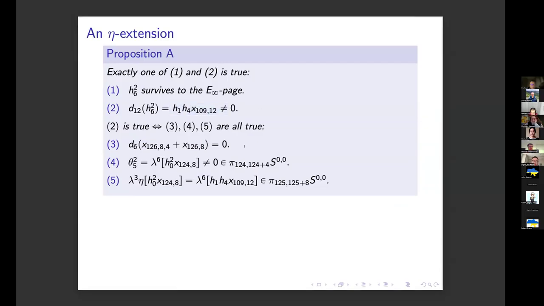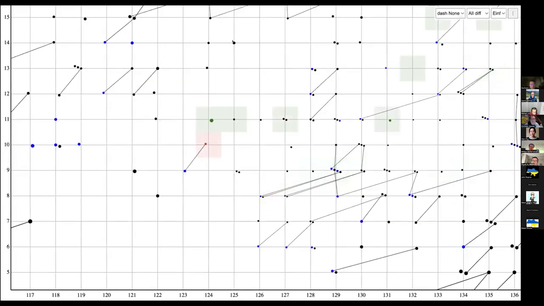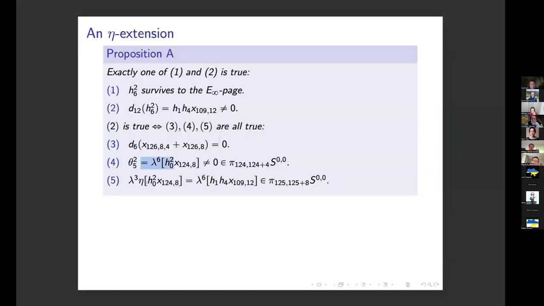So basically what I just showed you earlier is that the lowest filtration that could detect theta 5 squared in dimension 124 is this element in filtration 10. We do not know whether or not that is the case. When that is the case, when I have this relation, and furthermore, there's this eta extension from 10 to 14, namely from this dot to this dot in filtration 14, only when these two both happen together with this D6 being 0, we are able to have this non-zero D12 differential.